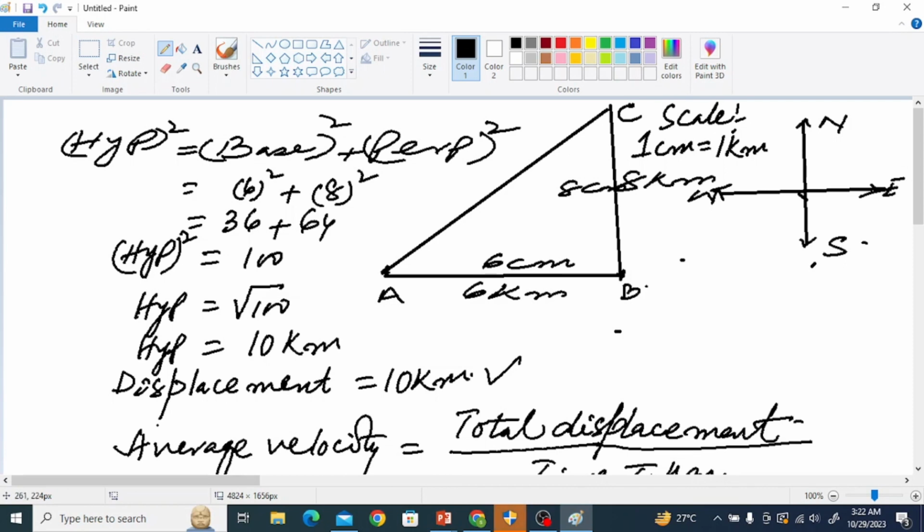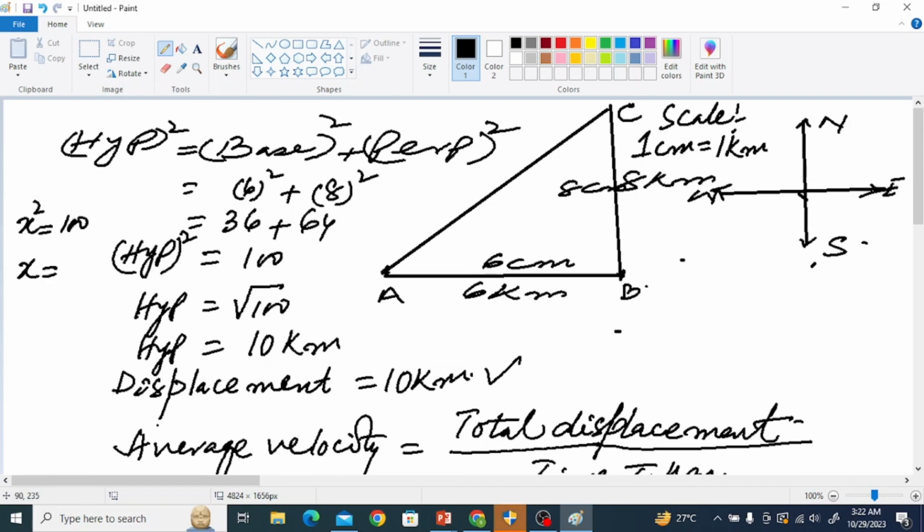If we remove the square above hypotenuse, then its value will come under the radical sign, because we know the algebraic rule: if you have x square equal to 100 and you want to find the value of x, you have to remove the square from x.